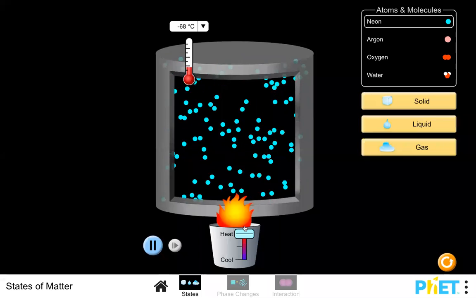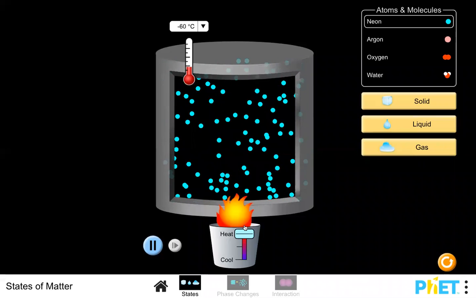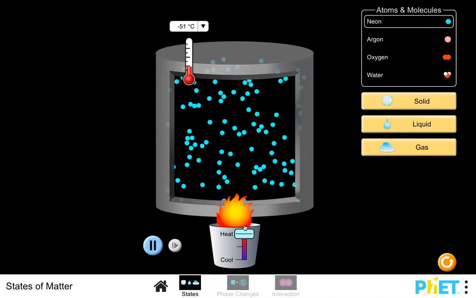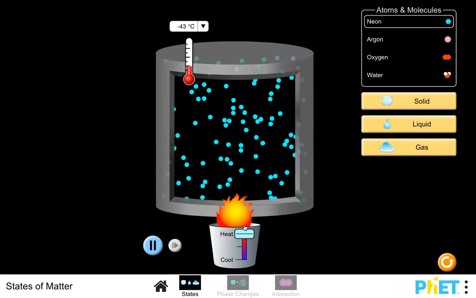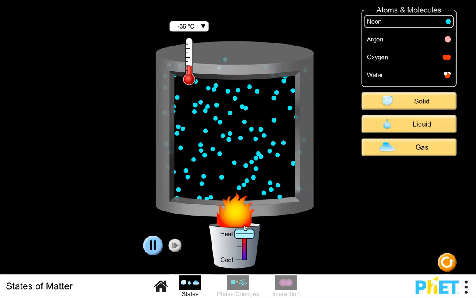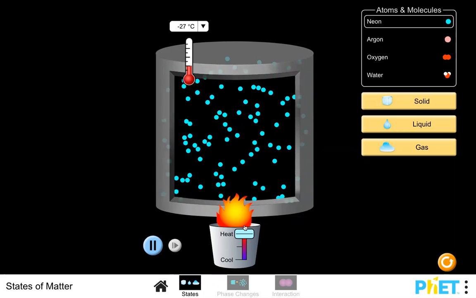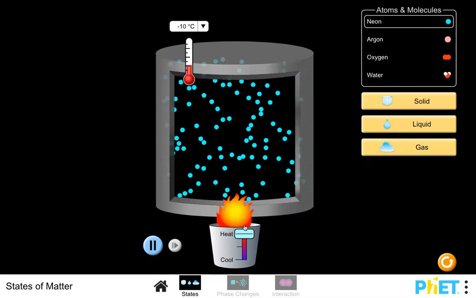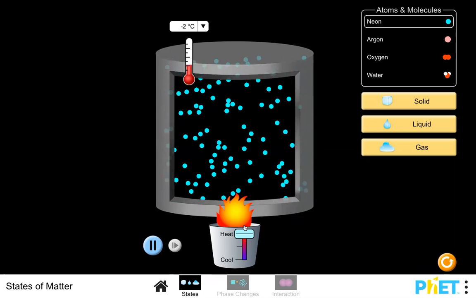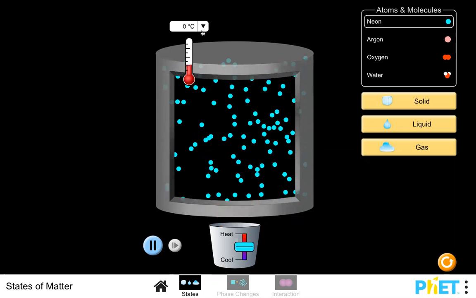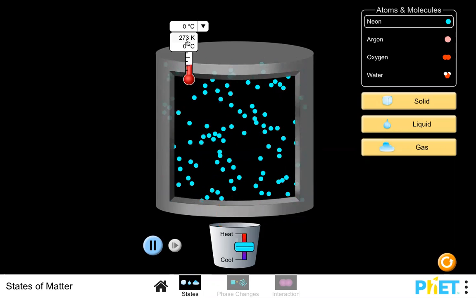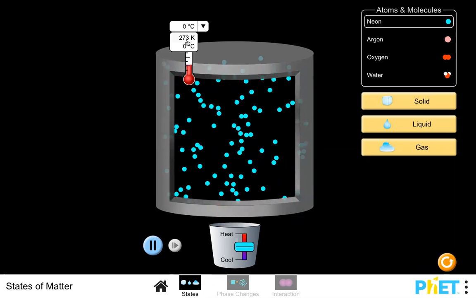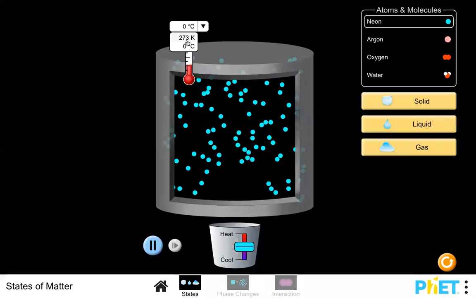Now you can see it's rising up to 0 Celsius. Let me stop there. When it's 0 Celsius, let's see the Kelvin value. It is 274, right?